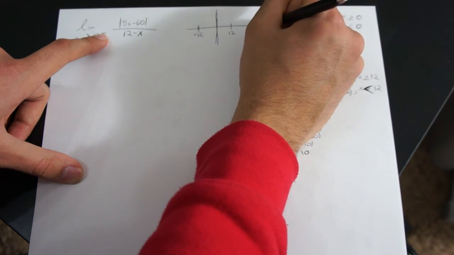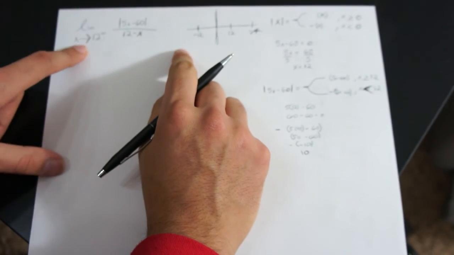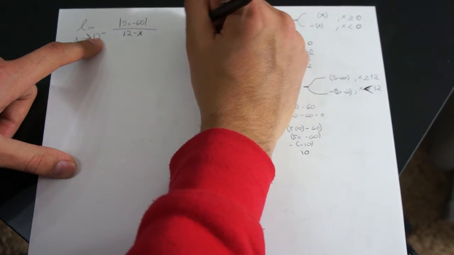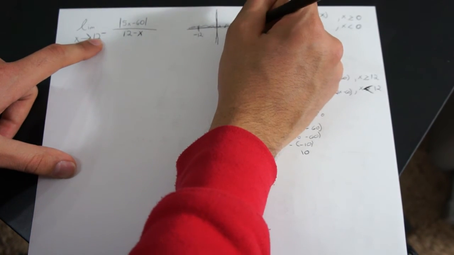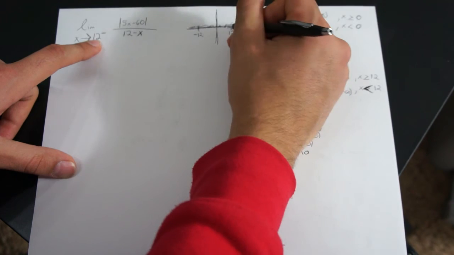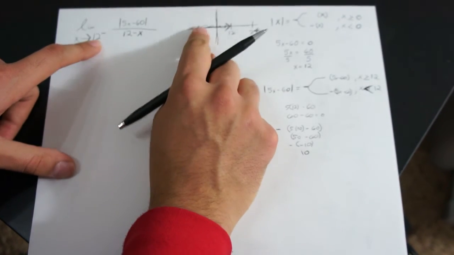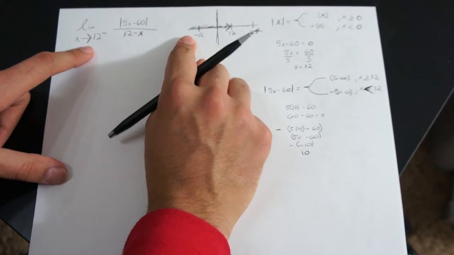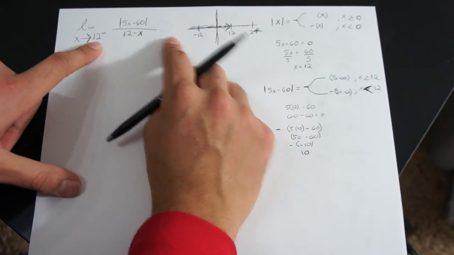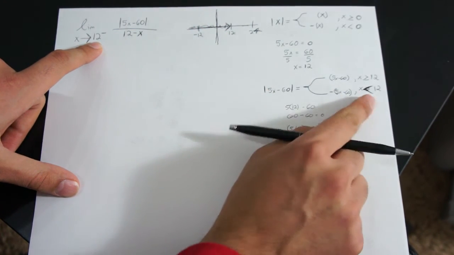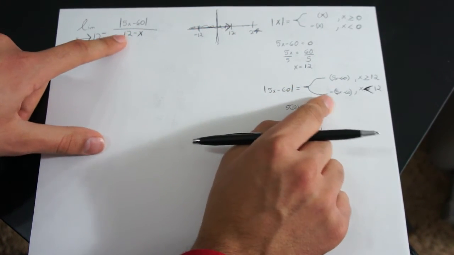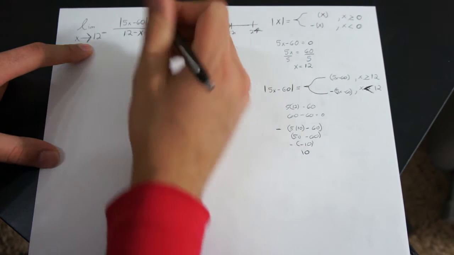Since we're looking at it from the left only, we don't care about what's actually happening at 12. We just want to know what's happening as we approach 12, just from this side alone. So this is all less than 12, and we're going to be taking a look at this part right here.